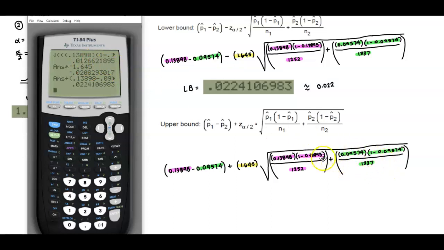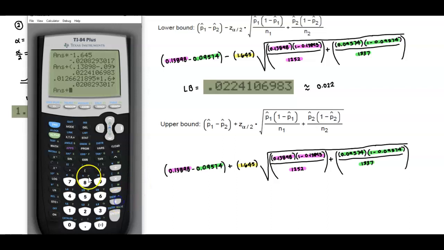That's what we got when we found the square root of this number. On your calculator, you can come all the way up here and hit enter, and now we have that number. Then we can multiply it by a positive 1.645.